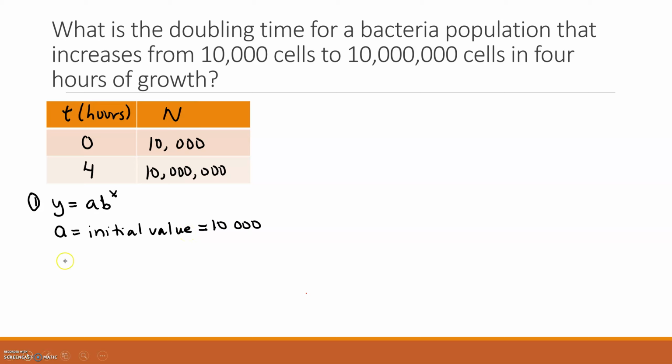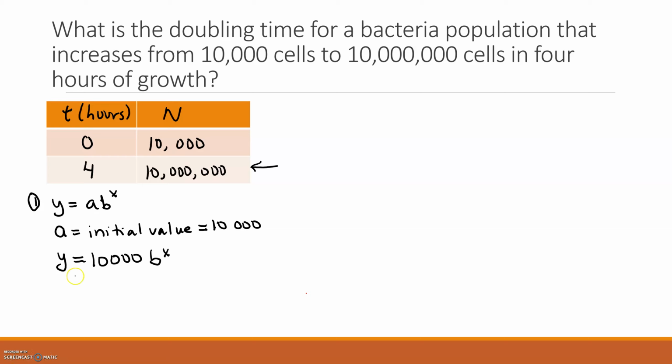This means the equation that we're looking to build is of the form y is equal to 10,000 times b to the power of x. Now we need to determine the base of our exponential equation, so we want to find the value of b. To do so, we use the other point in our problem, so the point where after 4 hours we have 10 million cells present.